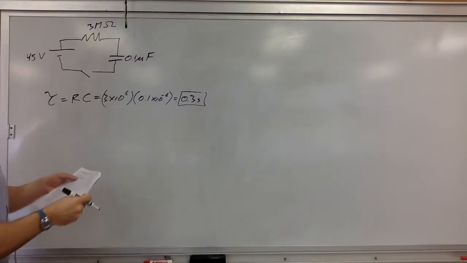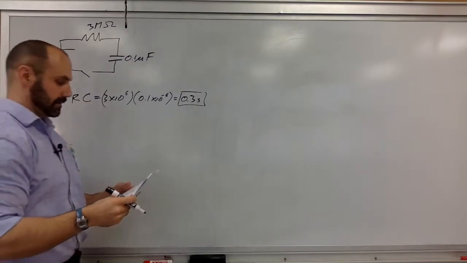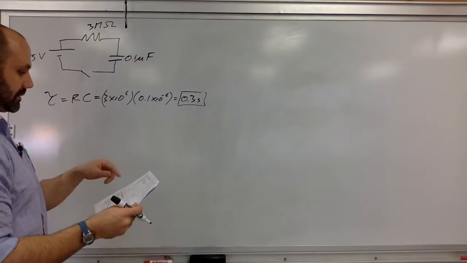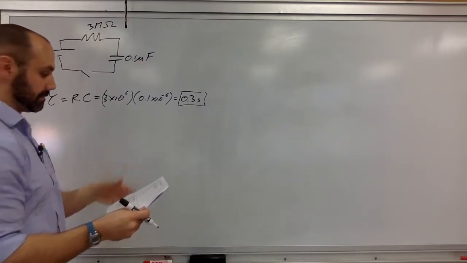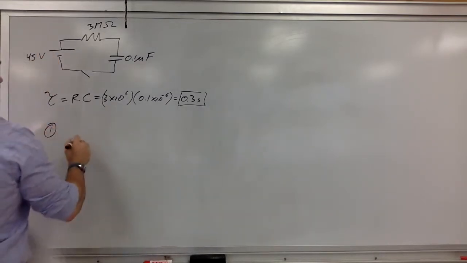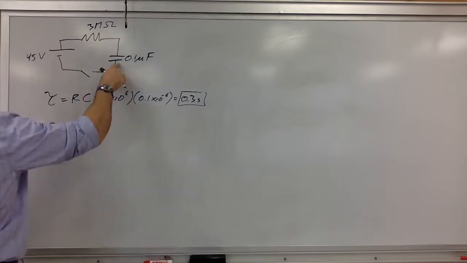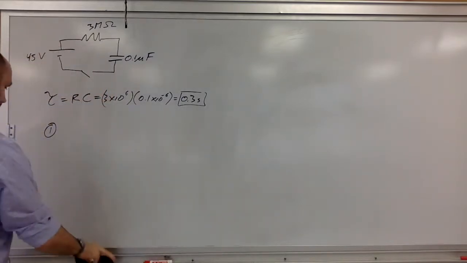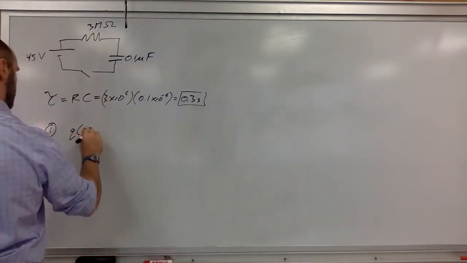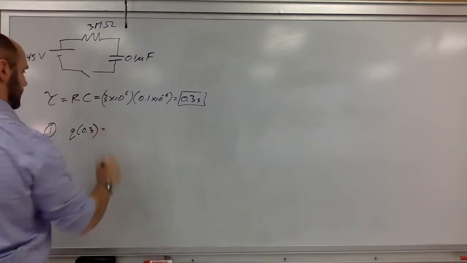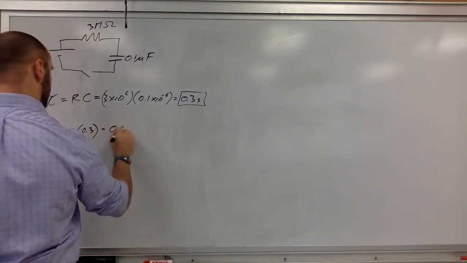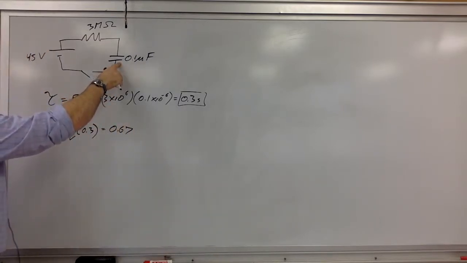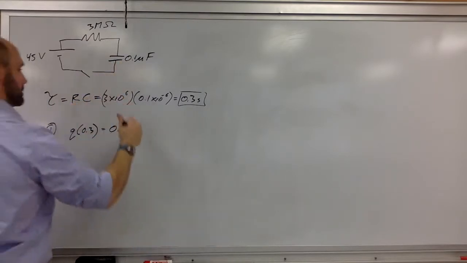Now I want to know the charge on the capacitor and the current through the resistor at these various times. The first one is after one time constant, so that's actually really easy. The charge on the capacitor, Q at 3.3 seconds, that's after one time constant, is going to be 0.67 times the maximum charge that can be on here, given by the EMF times the capacitance.